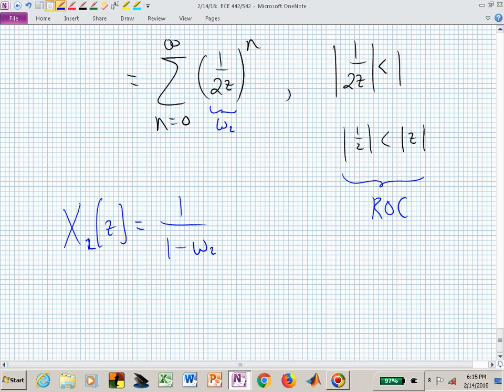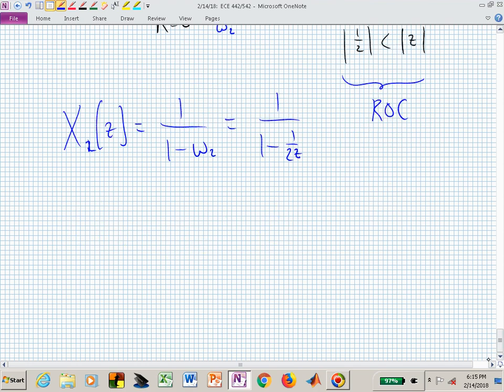So now we have 1/1 minus w2, which in terms of z, or you might have seen this written as 1 over 1 minus 1/2 z to the minus 1. You can see it written many different ways.